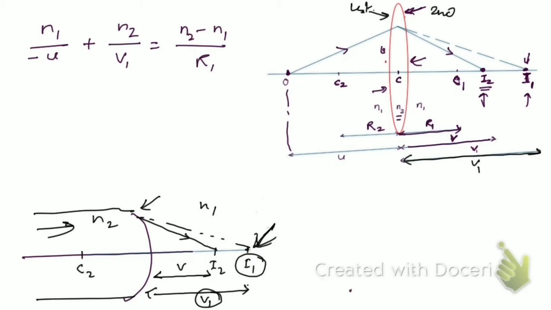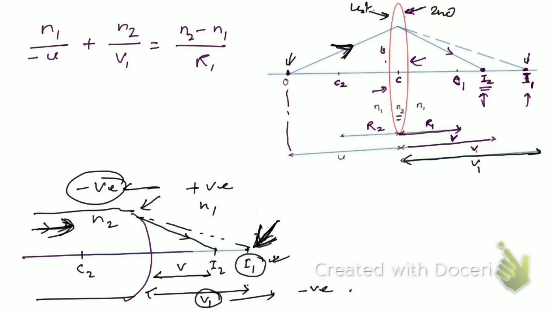Okay, so this is the object on the left hand side, and it is traveling from this side, right? So that's why we have to consider this distance as negative, though we used to consider this side as positive and that side as negative. But here the virtual object is on this positive side, but the rays of light are traveling from the n2 side, from the negative side. So that's why we have to consider this v1 as negative, minus v1.